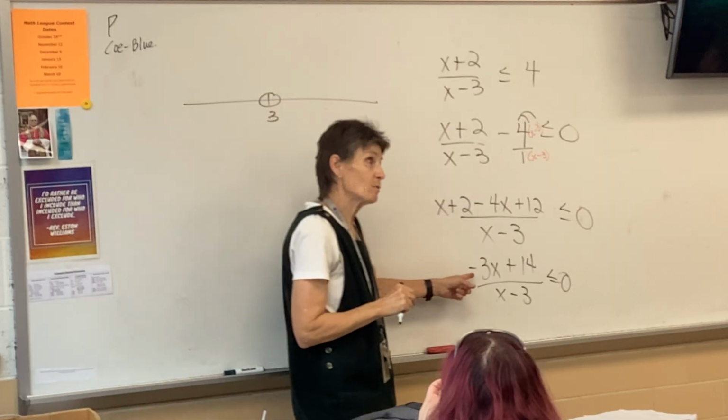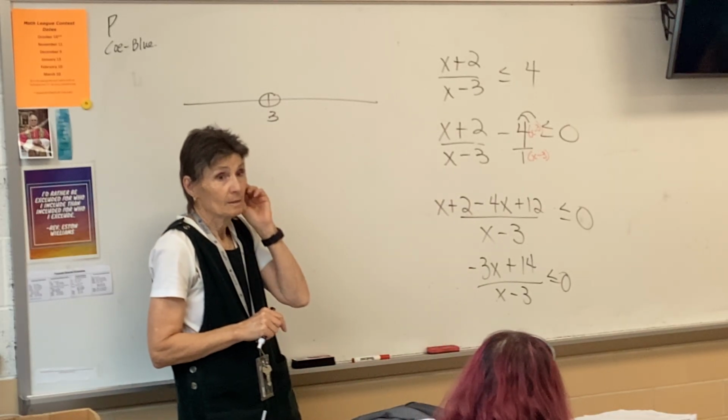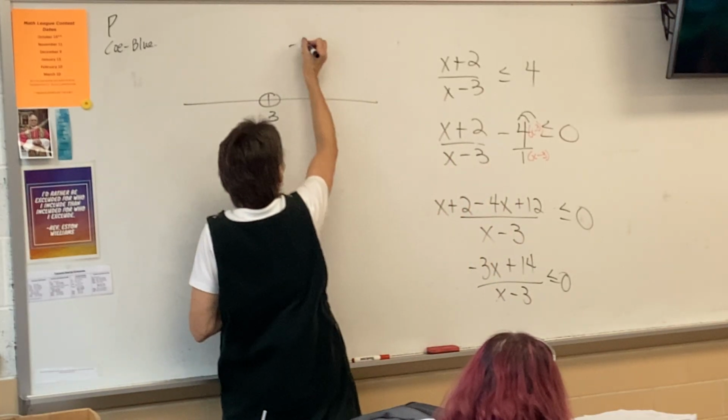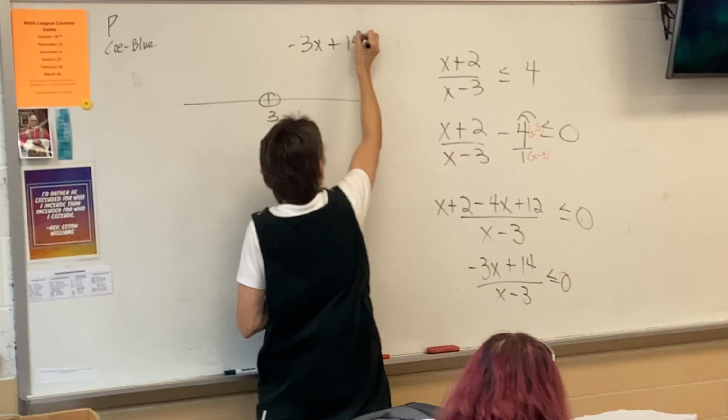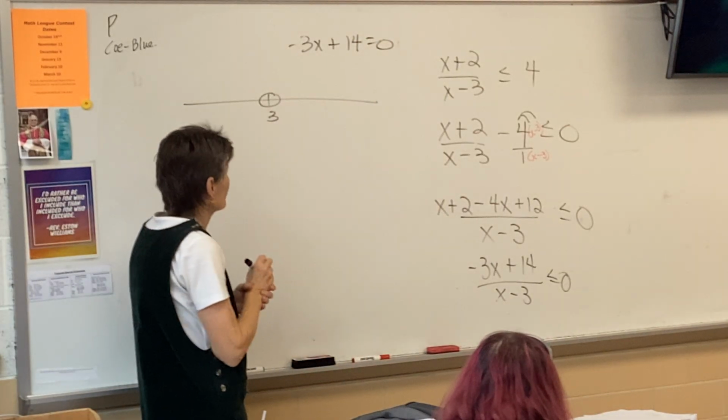No, that's not a quadratic. Yep, that's not an x squared. I set it equal to 0 and solve it. So negative 3x plus 14 equals 0. This is going to tell me where that dot is.